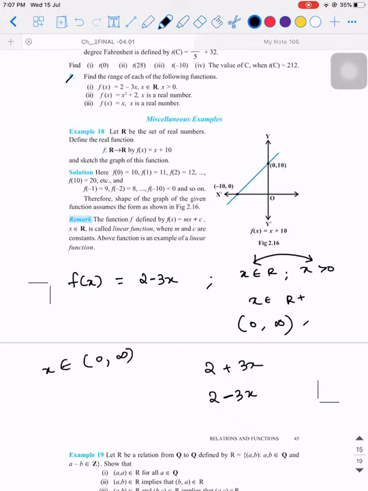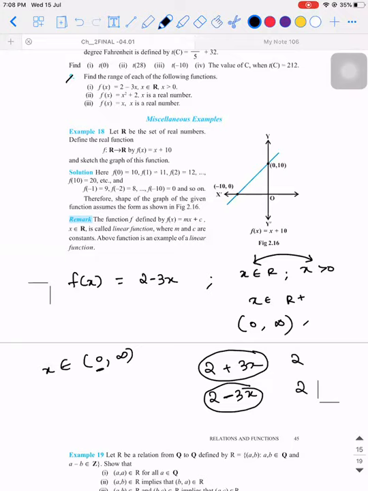What is the least value of x that I can substitute? It need not be 1. 0.00 something. Let us say I'm substituting the least value as 0. If I substitute the least value as 0 in this, then I will get 2. If I substitute the least value of x in this, I get it as 2 only.